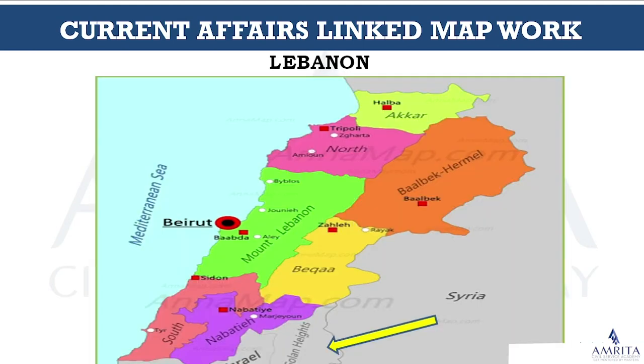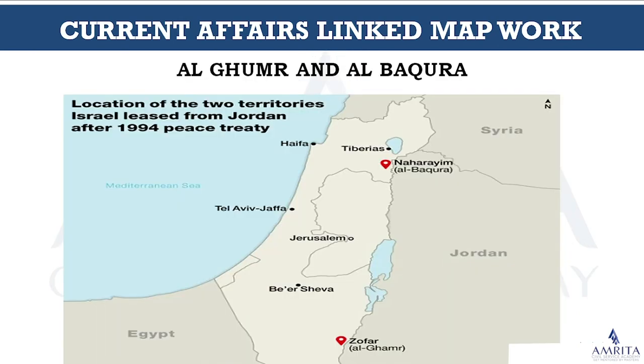So you can see Golan Heights here, again Lebanon, and Beirut, the capital, on the coast of the Mediterranean Sea. Golan Heights you can see over here with the yellow arrow. Other two places are Al GHUMR and Al BAQURA. These two places were in the news. Actually, these two territories were in Jordan.